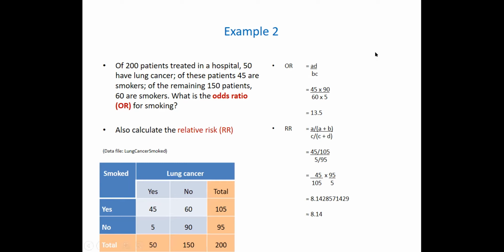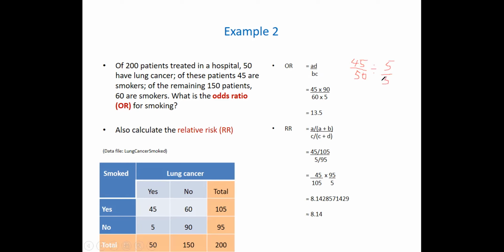Let me write it on the screen. 45 over 50 is the risk of smoking among the lung cancer people, divided by the risk of not smoking, which is 5 over 50. And this is the odds.